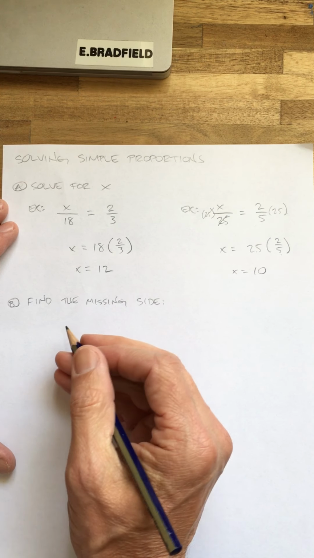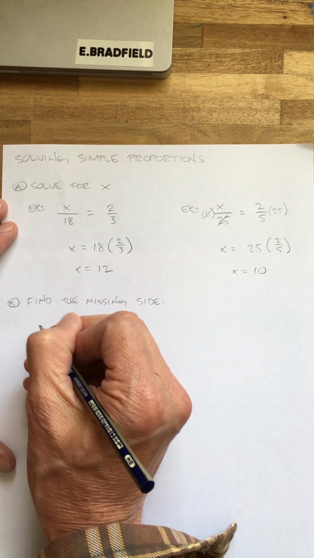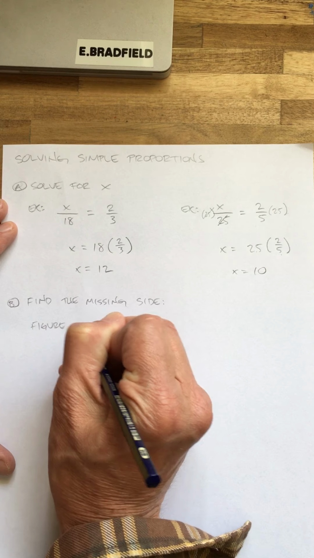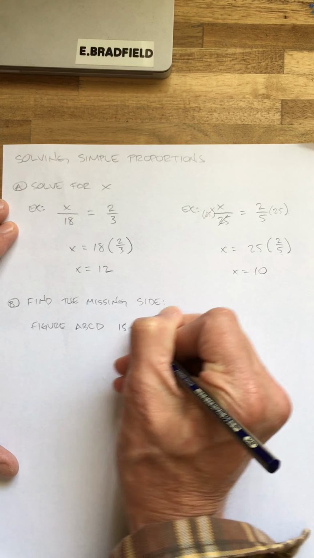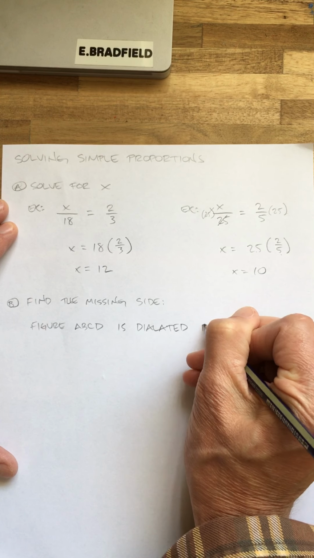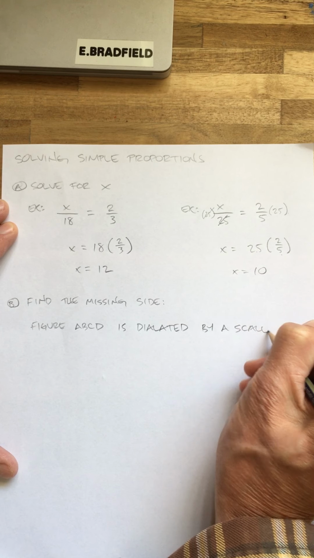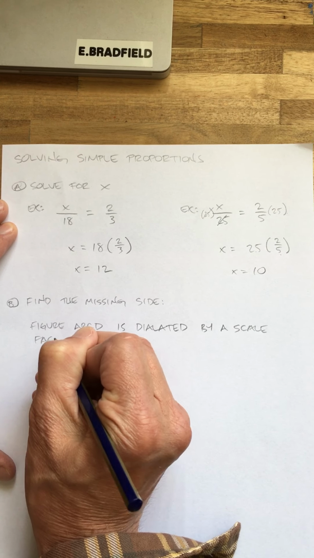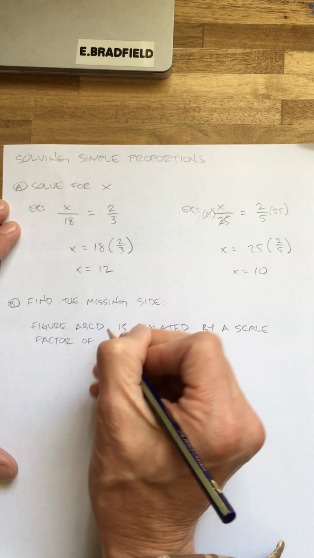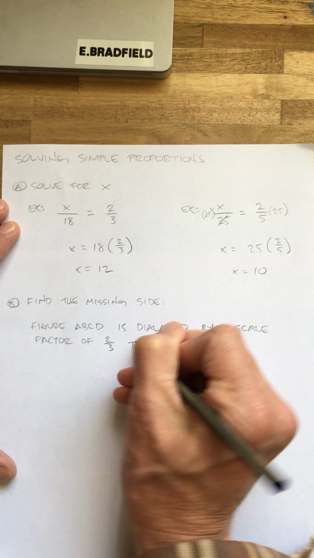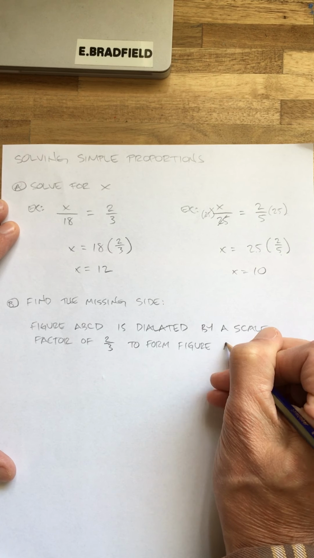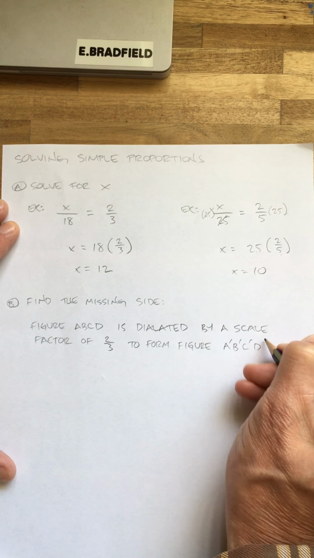All right, so I have figure ABCD is dilated, oh boy, dilated by a scale factor of 2/3, okay, to form figure A prime, B prime, C prime, D prime, okay?